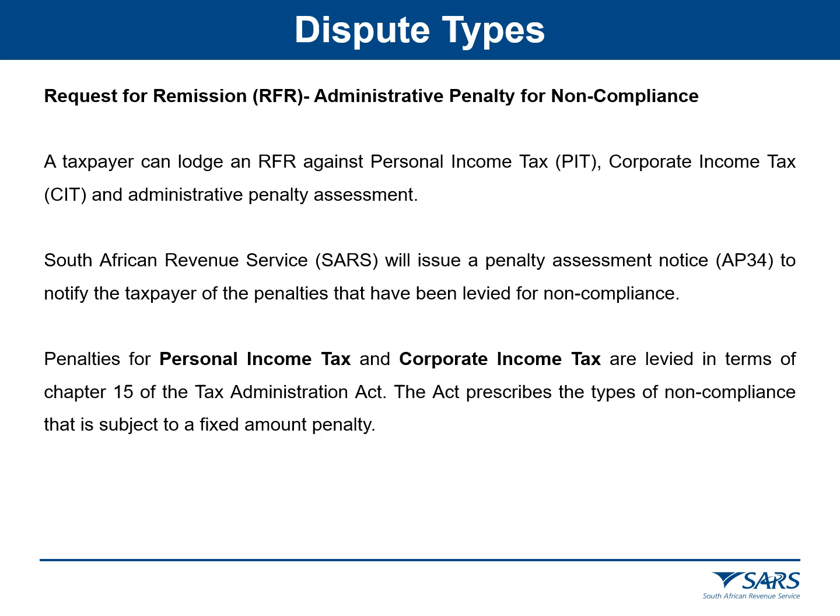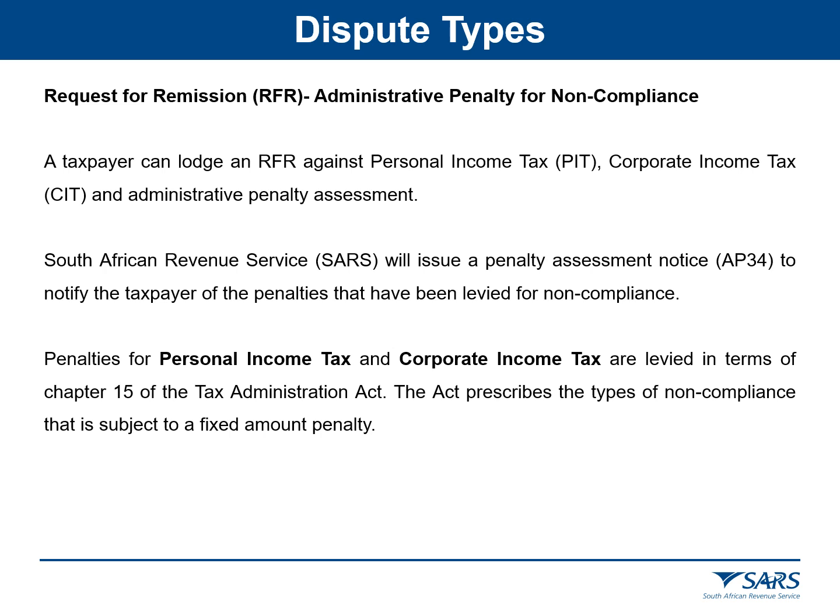Request for remission, this is for the administrative penalty for non-compliance. A taxpayer can lodge an RFR against their personal tax, which is PIT, or corporate income tax, CIT, for an administrative penalty assessment.